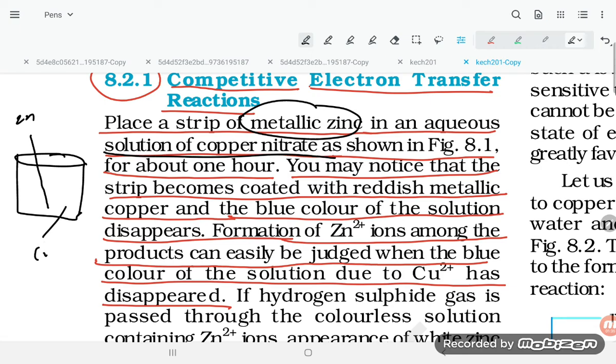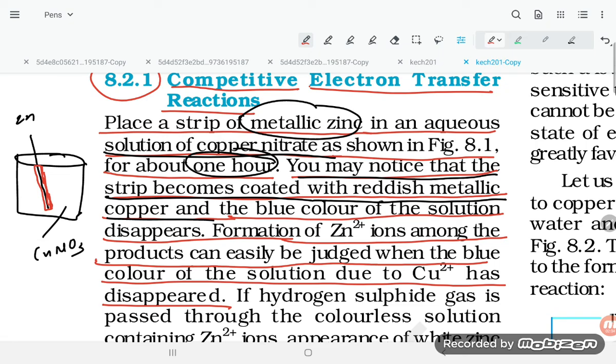For 1 hour, you may notice that the strip becomes coated with the reddish metallic copper. So this coat is being covered on the metallic wire, in reddish color.